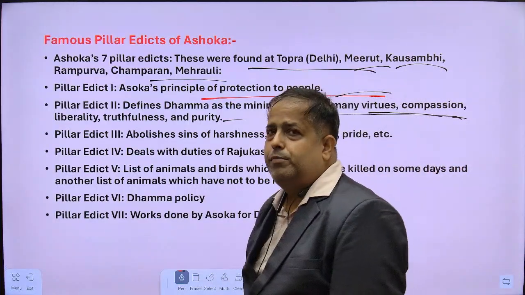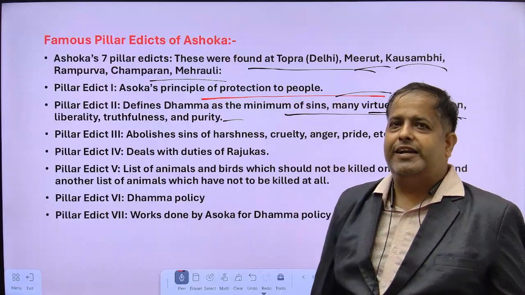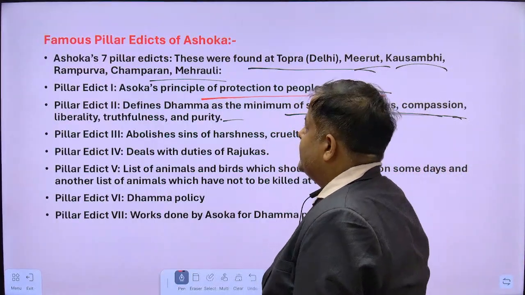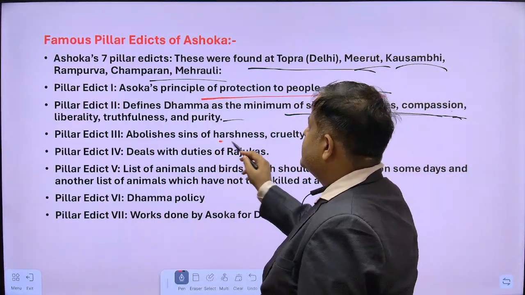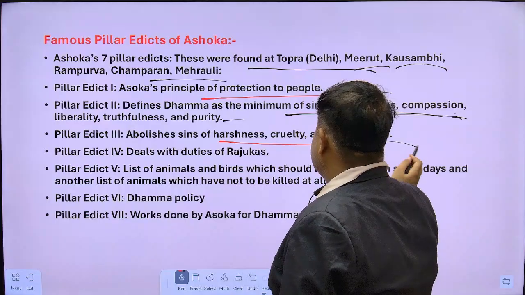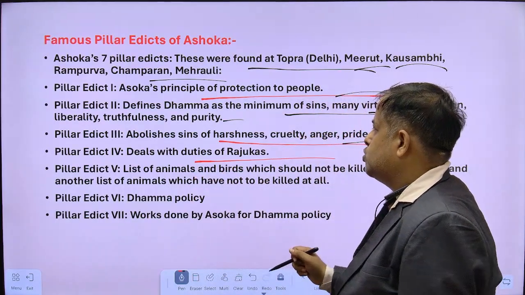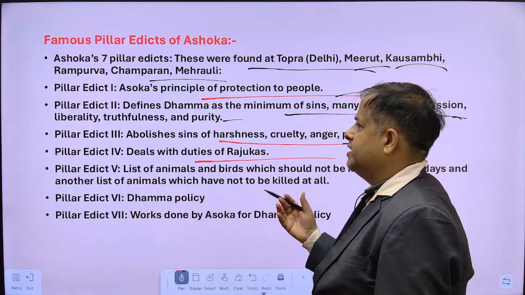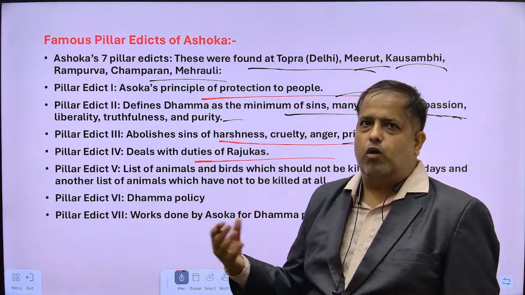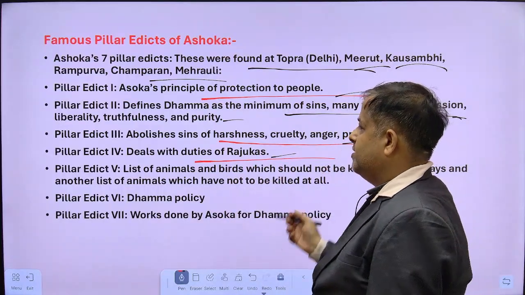Minimum of sin means that you have minimum desires, minimum bad habits. Pillar edict two abolishes the sins of harshness, cruelty, anger, and pride. Pillar edict four deals with the duty of the Rajukas. The Rajukas dealt with agriculture tax, how they collect it, and these things were mentioned.